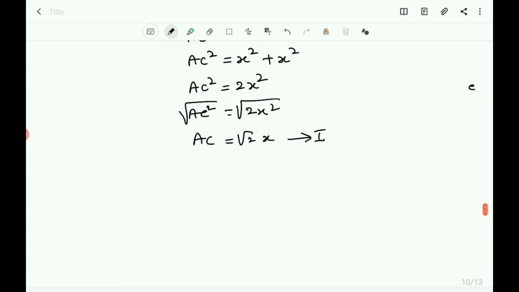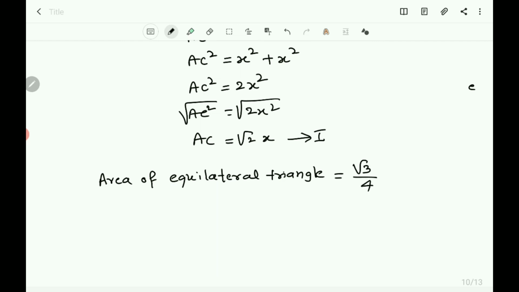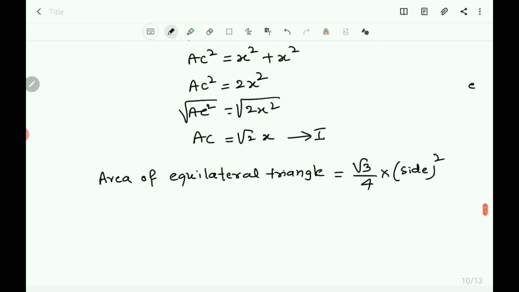Area of an equilateral triangle is equal to root 3 by 4 into the square of the side, that is side square.